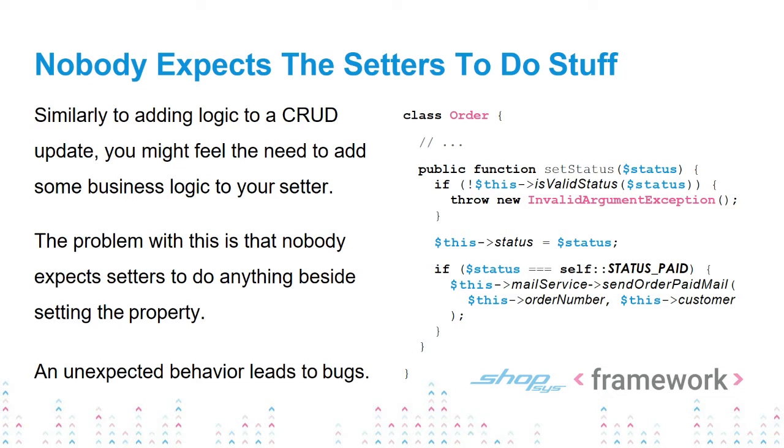When you have unexpected behavior in your application, when your methods cannot be expected, it leads to bugs. And this can be simply solved by removing the set status and just including two methods with some meaning. You can include a method pay for setting the status is paid, and you can cancel an order.